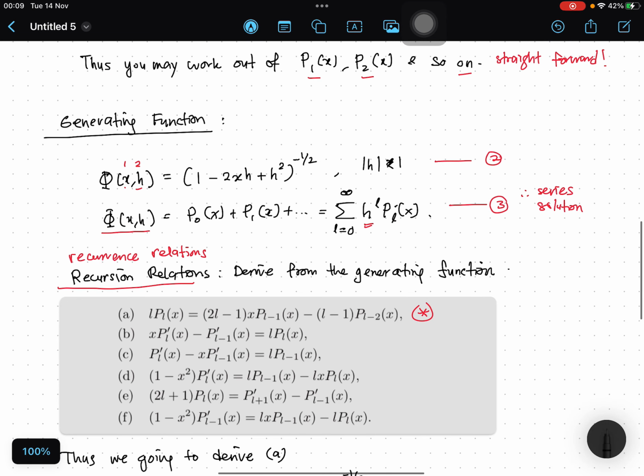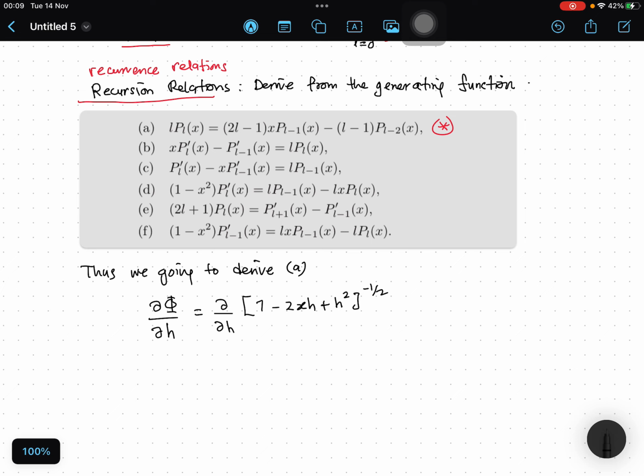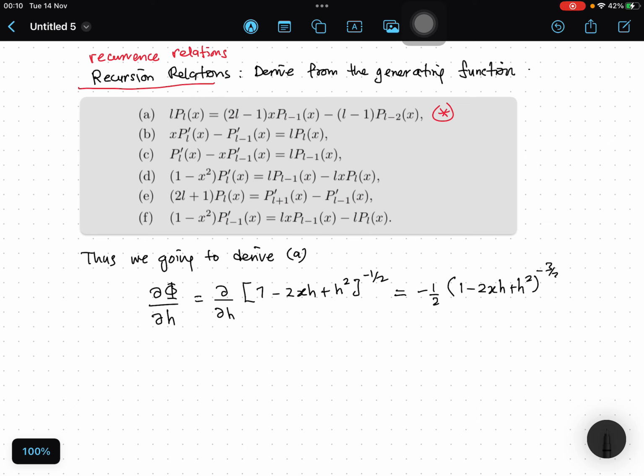So what do you have here? You just differentiate with respect to h, treating x as constant, so you have minus half, 1 minus 2xh plus h squared to the minus 3 half, then you multiply by minus 2x plus 2h.